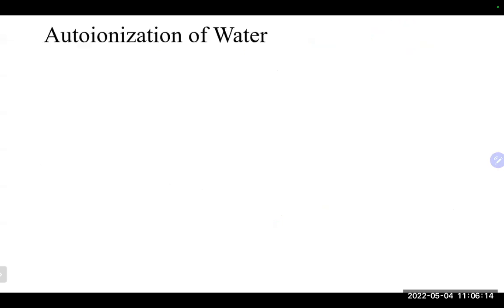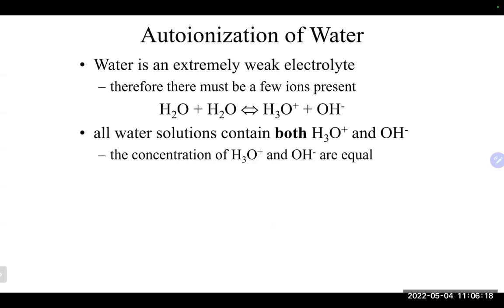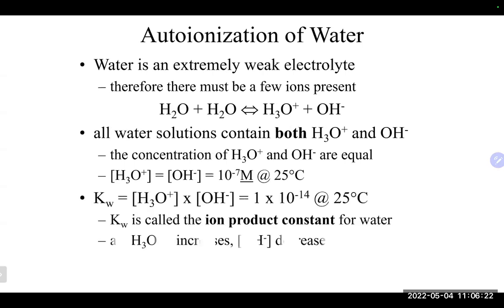So there is a relationship when we talk about water reacting with water, and we do get an equilibrium relationship, which is known as KW. This is an equilibrium reaction where water breaks apart into H plus and OH minus.